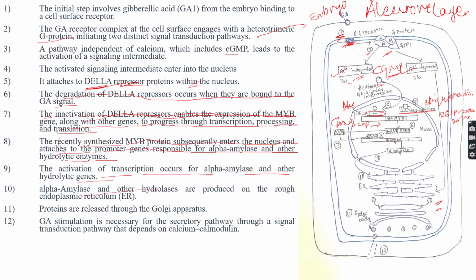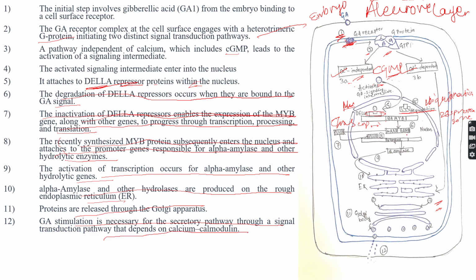Alpha amylase and other hydrolases are produced through the rough endoplasmic reticulum, and proteins are released through the Golgi apparatus. Now, GA stimulation is necessary for the secretory pathway through a signal transduction pathway that depends on the calcium calmodulin.